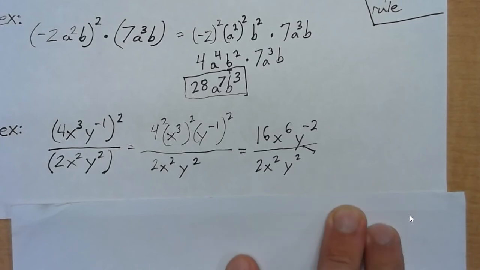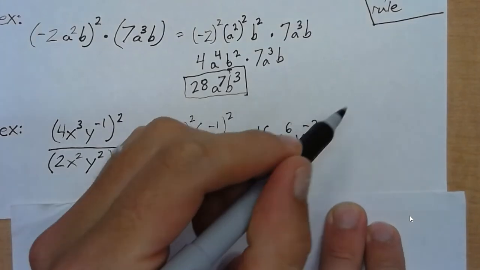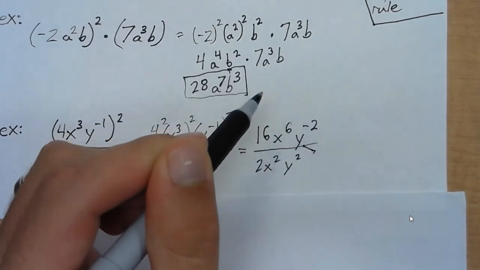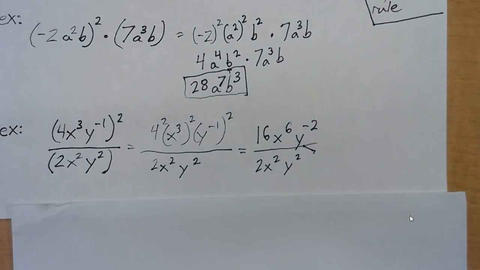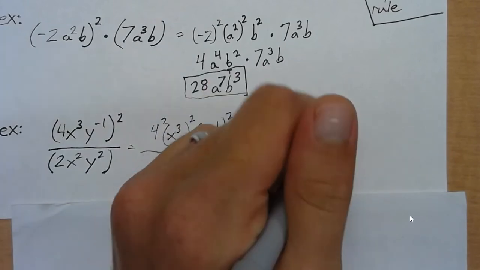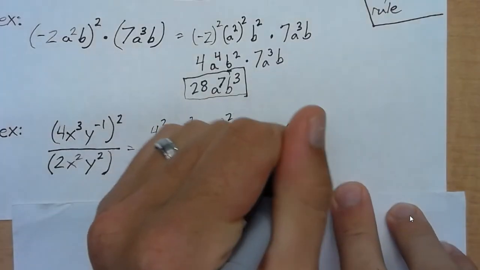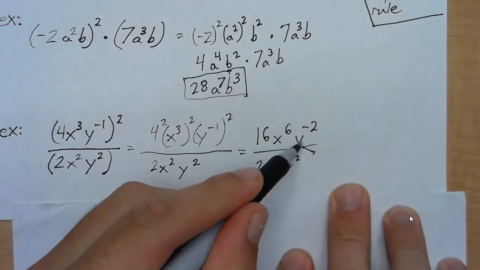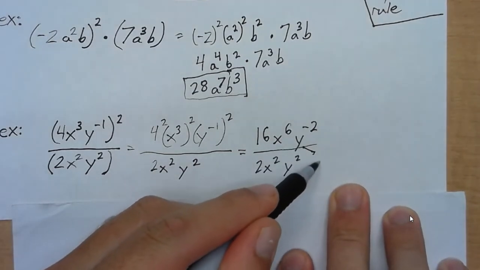Okay, now we can start canceling things out, but I would recommend that we get rid of any negative exponents. I prefer to eliminate the negative exponents and rewrite them as positive ones as soon as possible. So y to the -2nd in the numerator is the same thing as a y squared in the denominator.